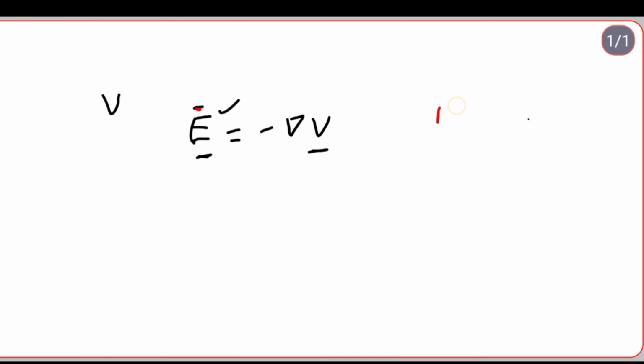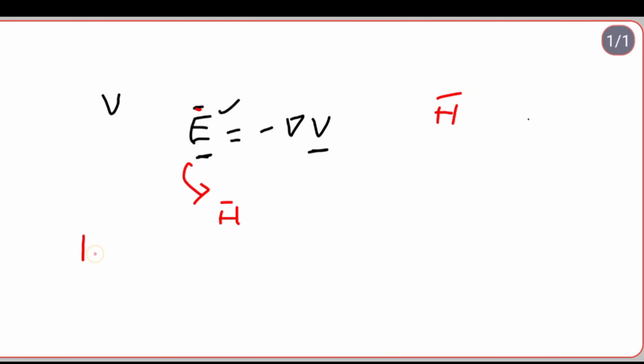Is there any scalar potential in magnetostatics related to magnetic field intensity H bar? E bar can be replaced by H bar.